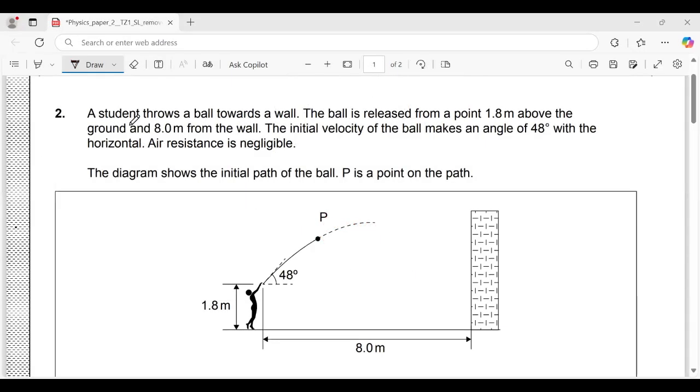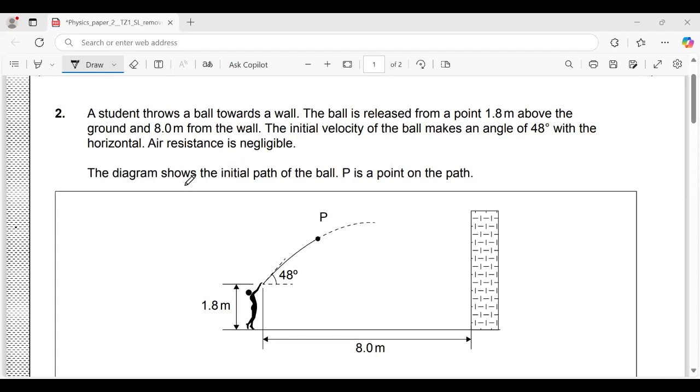Number two, a student throws a ball towards a wall. The ball is released from a point 1.8 meters above the ground and 8.0 meters from the wall. The initial velocity of the ball makes an angle of 48 degrees with the horizontal. Air resistance is negligible.